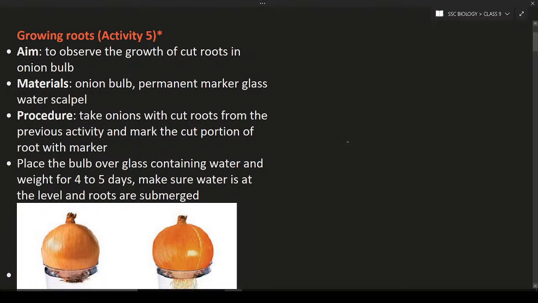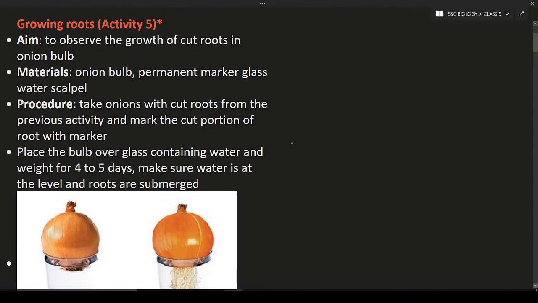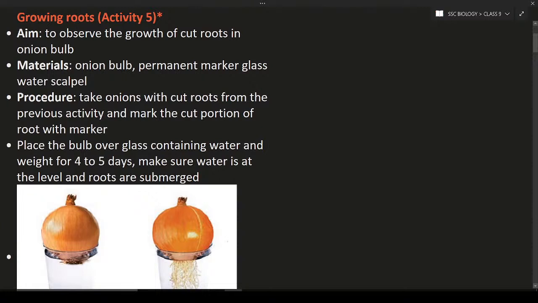In the last experiment we have seen that plants grow roots. We also did the experiment with an onion. We took the onion bulb and placed it above a glass. So this is the glass. We filled the glass with water and placed the onion bulb.